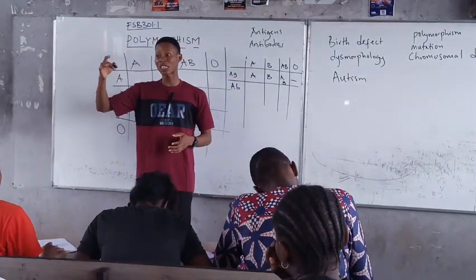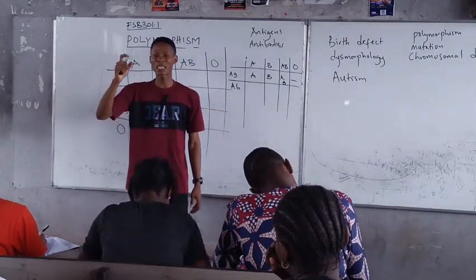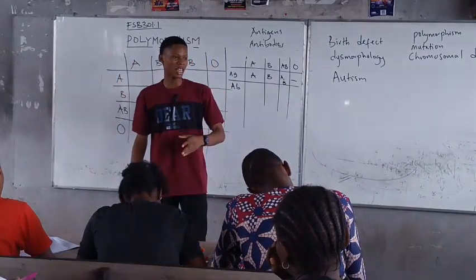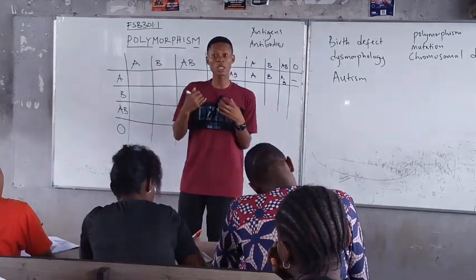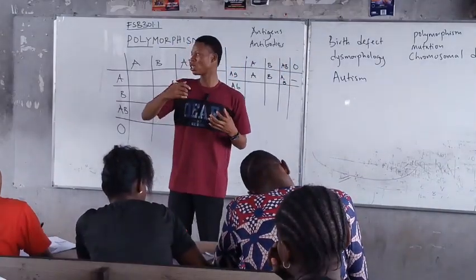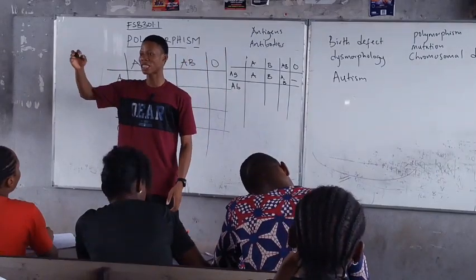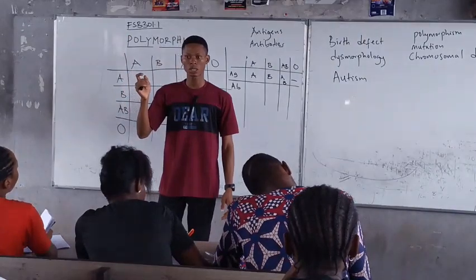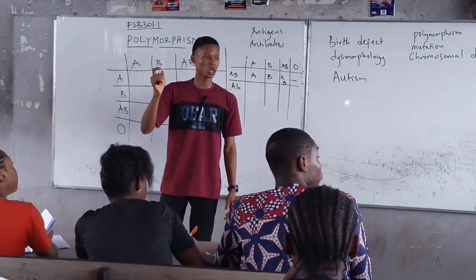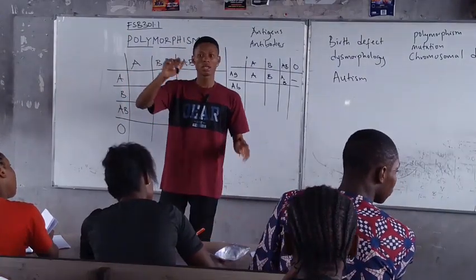Antibodies are specific in action, meaning antibody A will only fight against antigen what? A, because they are specific. Antibody A will only fight against antigen A. Antibody B will only fight against what? Antigen B, right?